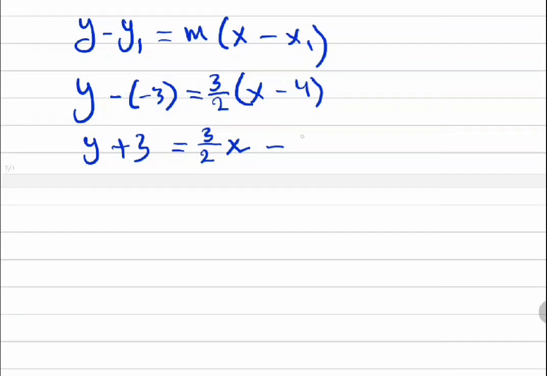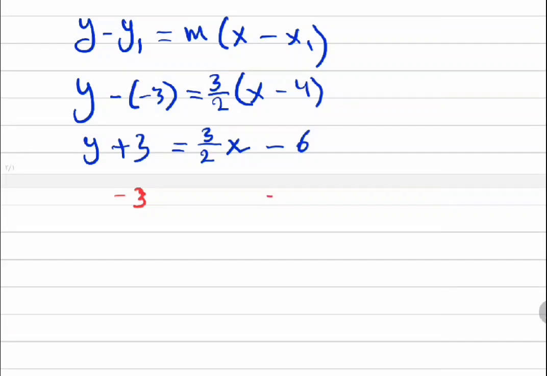So this is going to be negative 6. Well, this is the answer in point-slope form, by the way. I should have mentioned that. It's y plus 3 equals 3 over 2 x minus 4. That's the equation in point-slope form.